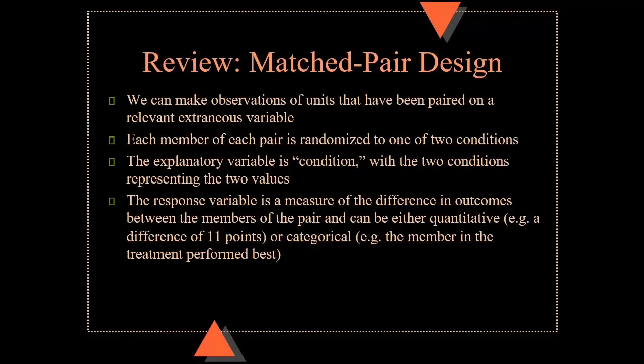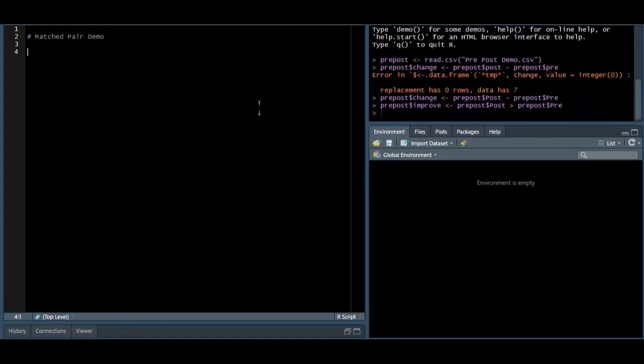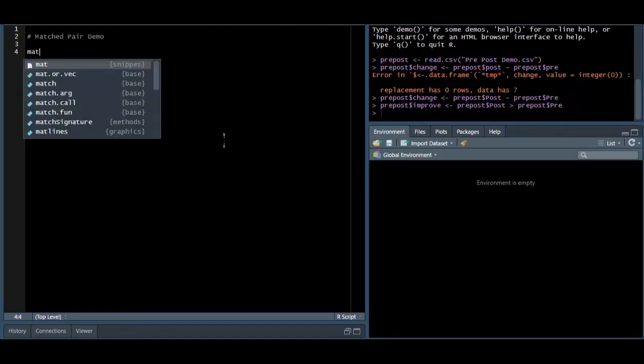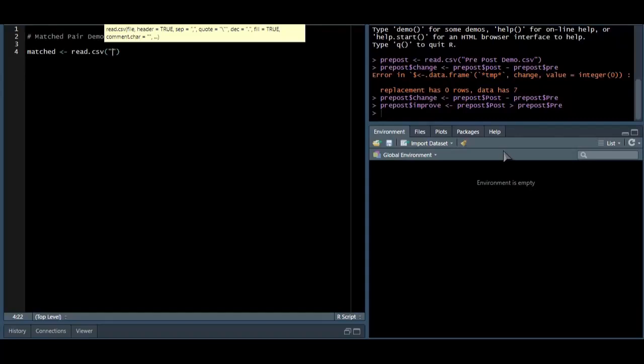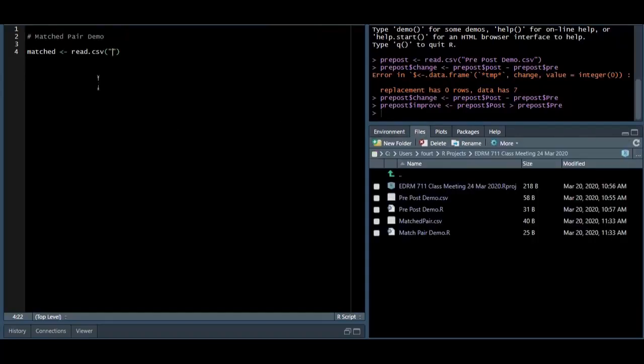Let's go ahead and look at that difference, and we can either look at it quantitatively or we can look at it categorically. Let me read this in. I'll just call it matched and read in this file, which, let me make sure I get the name right, is matched pair.csv.